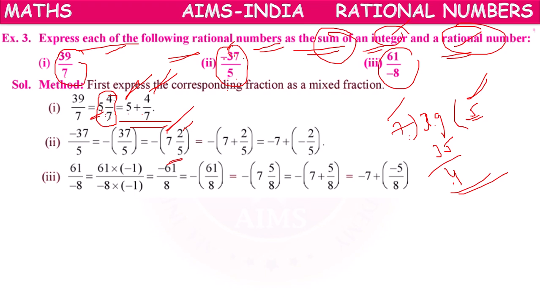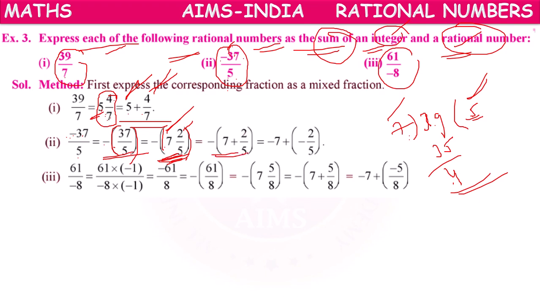But while writing like this, we should not consider the minus. The minus we first have to keep outside. We have minus 37 by 5; we have to write it as minus of 37 by 5. Next we have to divide and convert into a mixed fraction. So next, minus of 7 plus 2 by 5.